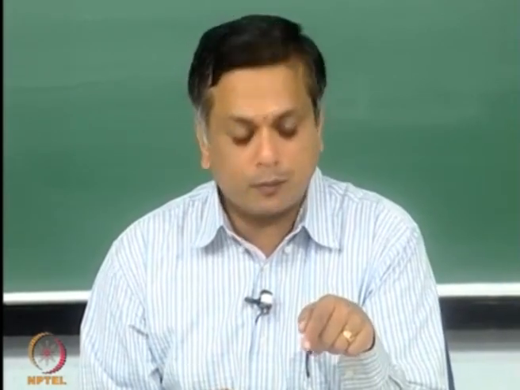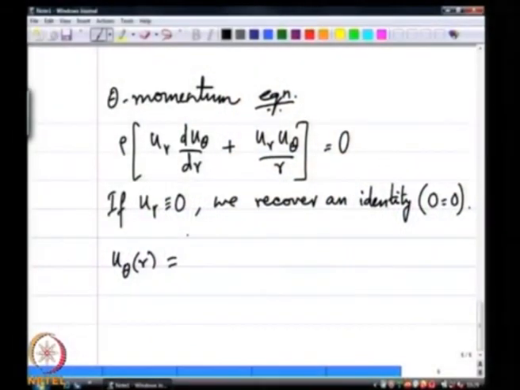So, any form of u theta as a function of r that you impose on the flow field would give you the corresponding pressure field. Okay. So, if I look at what are all the possible physical forms of u theta over r, and this is not coming from inviscid theory, but actually from viscous theory, okay, but we will use it freely here.